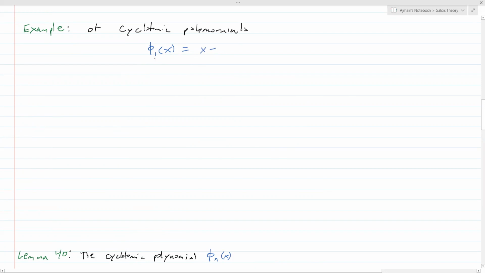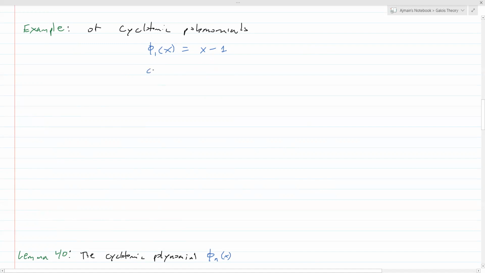Here n is 1, so these are the monomials x minus 1. So 1 is a first root of unity because 1 to the 1 equals 1, and it turns out that that's the only one.